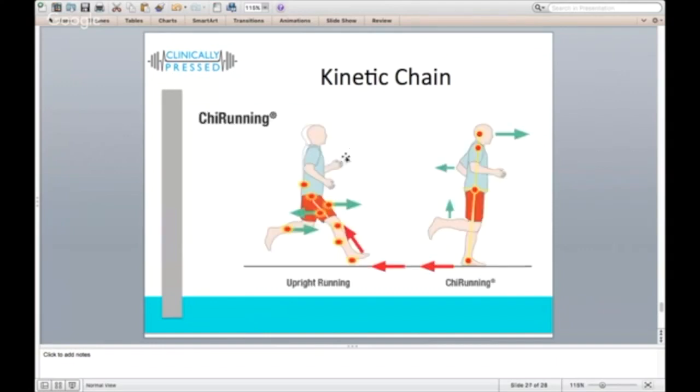Another version of that is chi running. This is a great example of the upright running that they have, where if you've got your heel out in front of you, you're braking, and you can see all the red hot spots where you're going to take the brunt of that force while you're running. Whereas with chi running, you're going more straight up and down. Everything in the body's aligned, using muscles again to absorb that force.